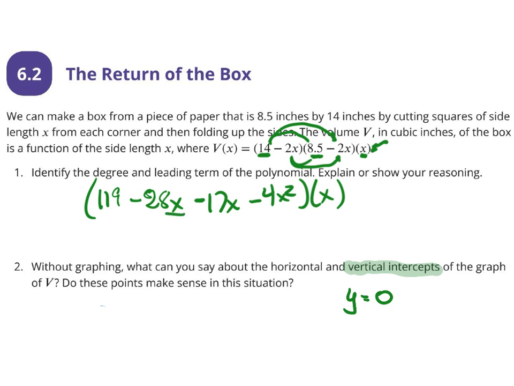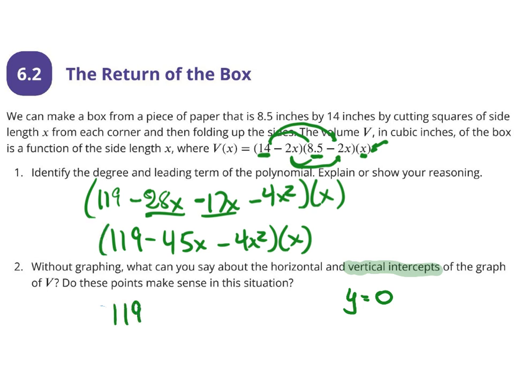Combine like terms, which are these two in the middle. You get 119 minus 45x minus 4x squared. We're going to multiply this by the x. We're going to distribute this x to all terms. We're going to get 119x minus 45x squared minus 4x cubed.